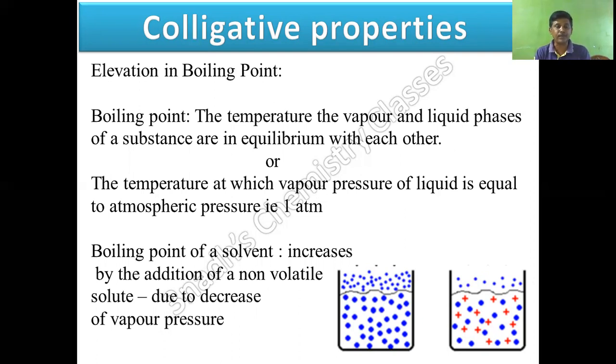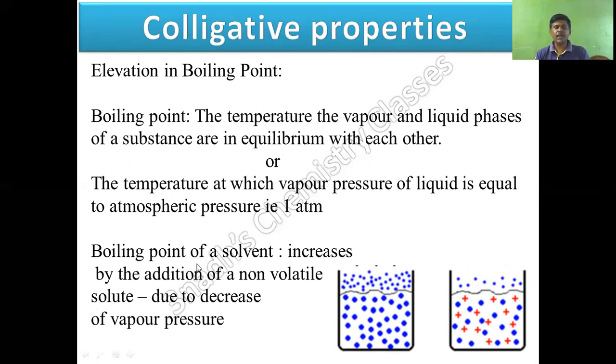At one point of time it reaches 1 atmosphere pressure. The temperature at which this happens we call the boiling point. Boiling point is the temperature at which vapor pressure of a liquid is equal to the atmospheric pressure.